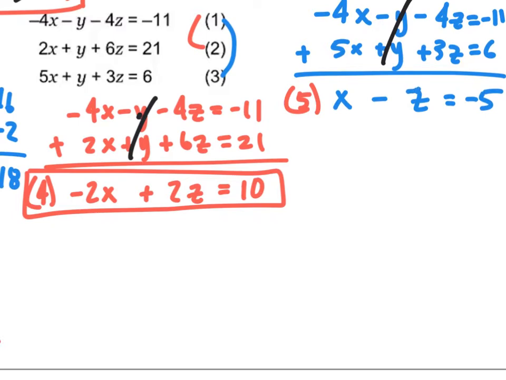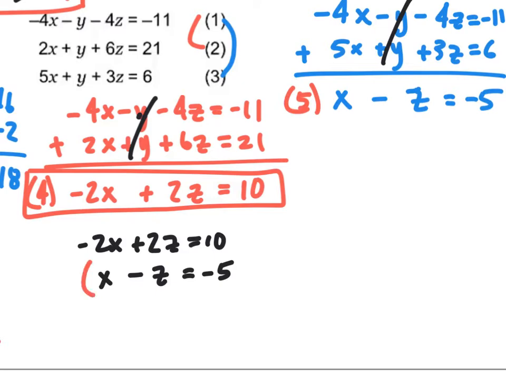So then we've got, let's go ahead and add 4 and 5. So I've got negative 2x plus 2z is equal to 10. I've got x minus z is equal to negative 5. All right, so if I wanted to eliminate this and solve for a variable, I would go ahead and multiply this one by 2. And so as a result, we would get negative 2x plus 2z is equal to 10.